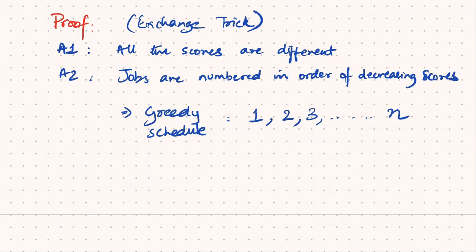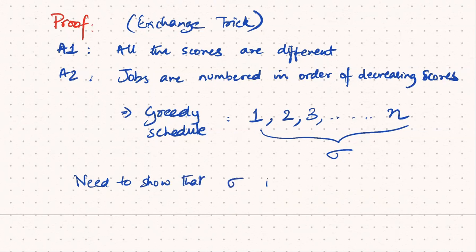Let's give this a name, sigma, and we need to show that sigma is an optimal solution. The ordering sigma gives you the least weighted completion time. That's what we'd like to argue.